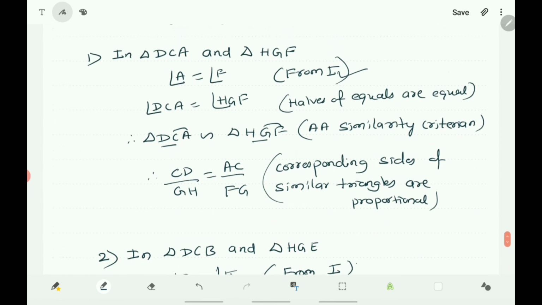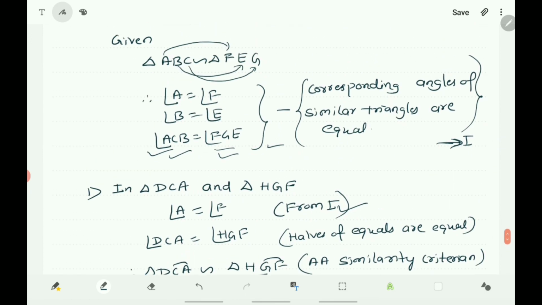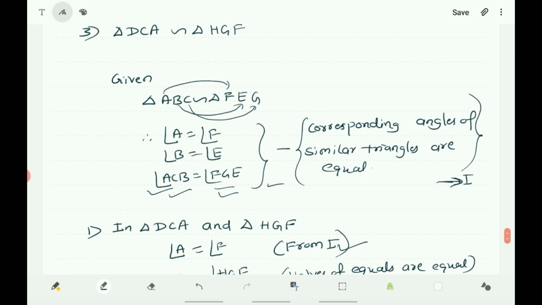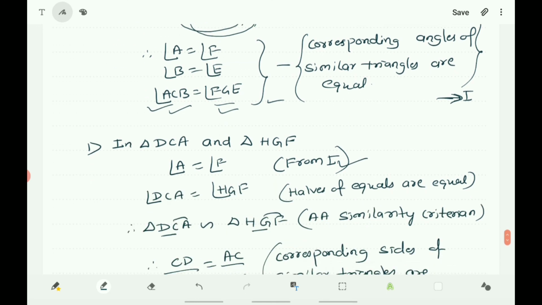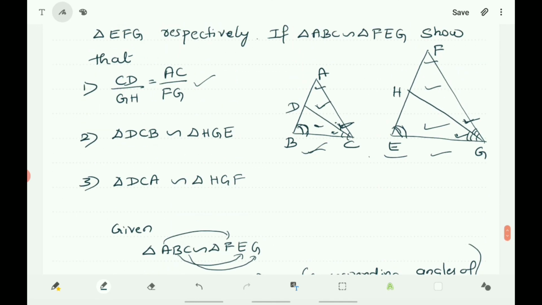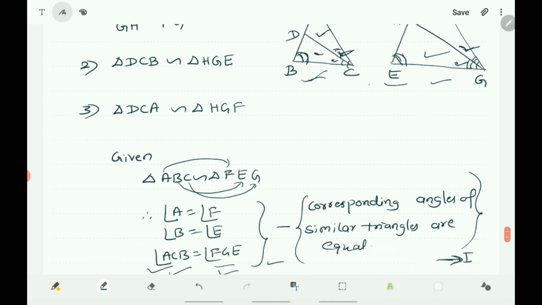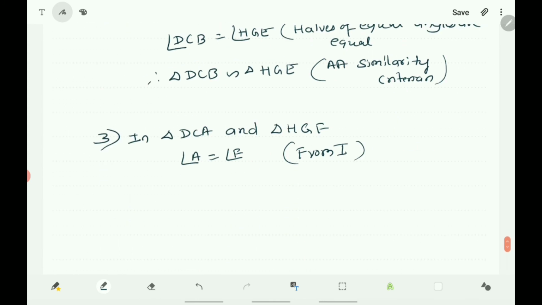Then here halves of equals. So what are the halves of equals? Here it is already proved, angle DCA and angle HGF. Angle DCA is equal to angle HGF. Give the same reason, halves of equal angles are equal.